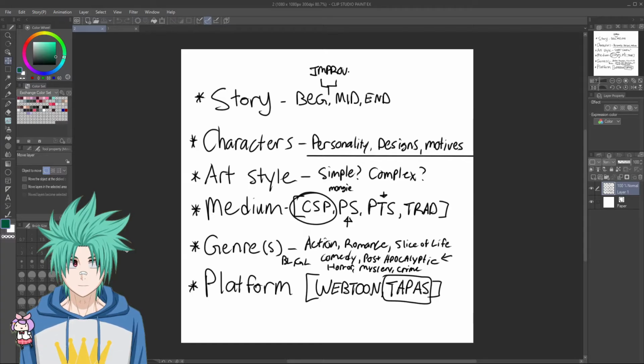It's very saturated with those. Doesn't mean you can't put it on there. You can do whatever you want. And then you have comedy, and there's more of the lesser saturated genres like post-apocalyptic, horror, mystery, crime.